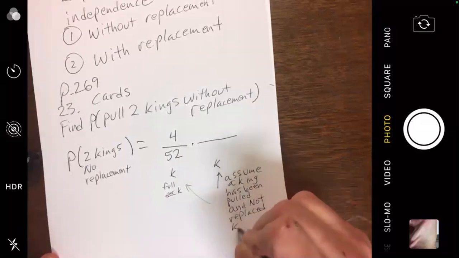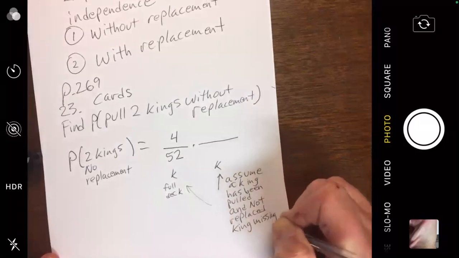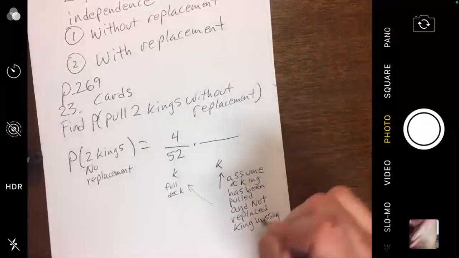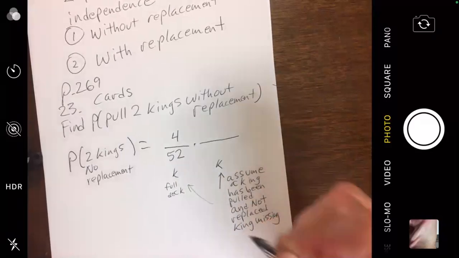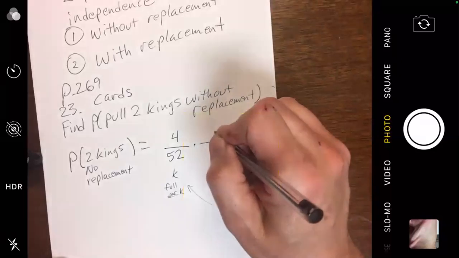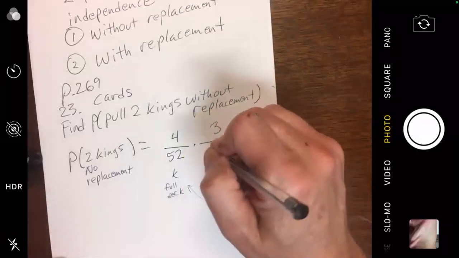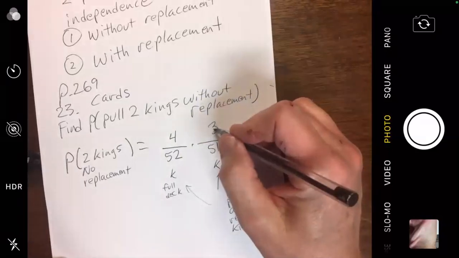So there's a king missing. So if there's a king missing from the deck, what would the chance of pulling a king be? 3/51. Very good. There'd be 3 kings left.